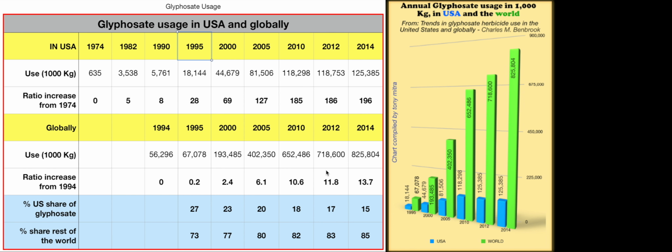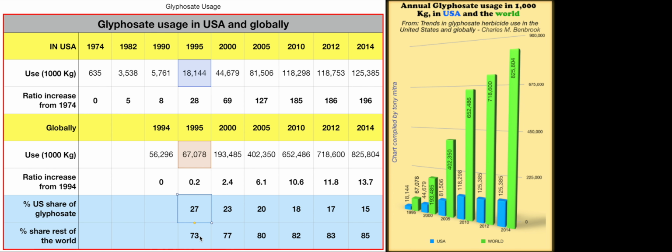And here you can see the percentage share of glyphosate in US and the world. In the year 1995, 27% of all glyphosate was used in USA, and the remaining 73% was used in the rest of the world.